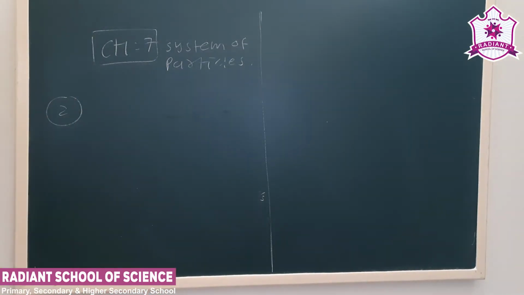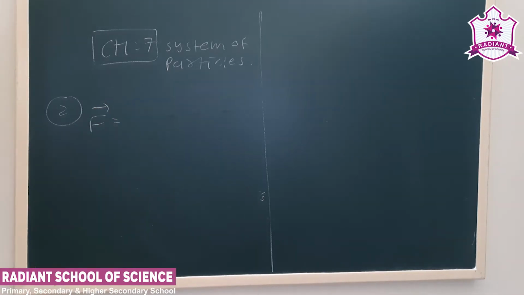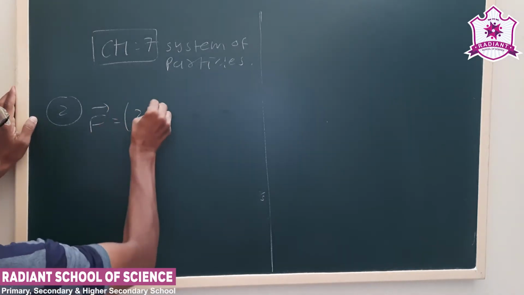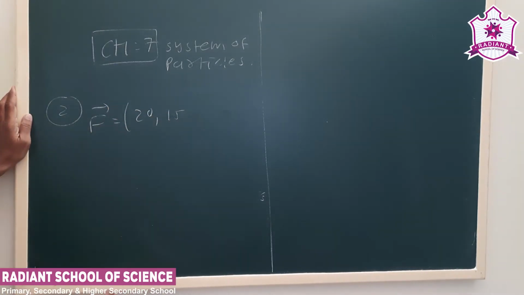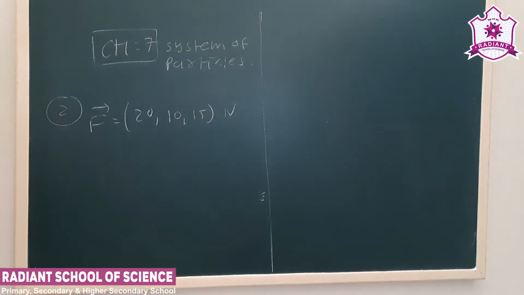Now see the resultant force acting on a system of particles. Here we know the force is a vector quantity, so it is given like this.